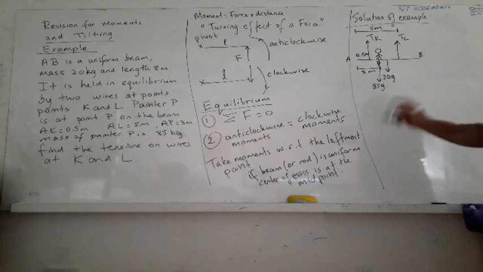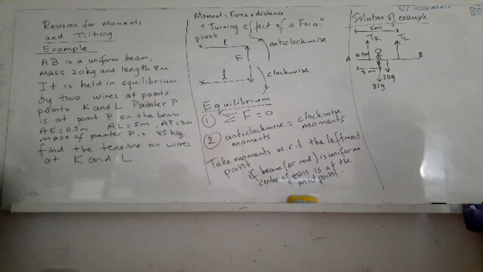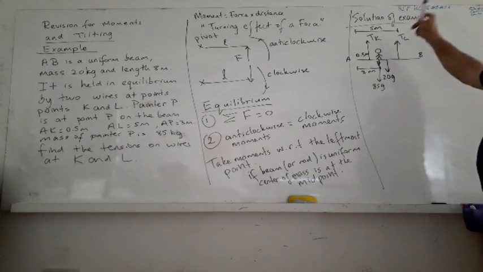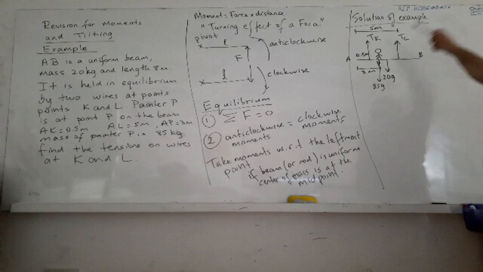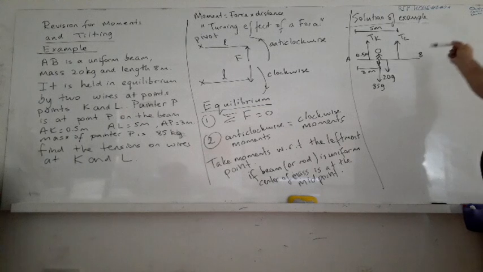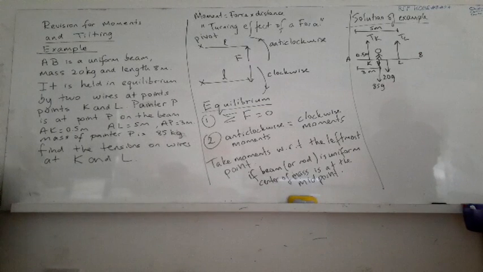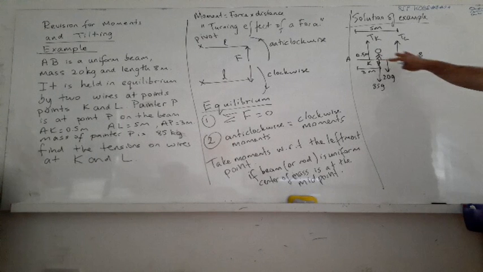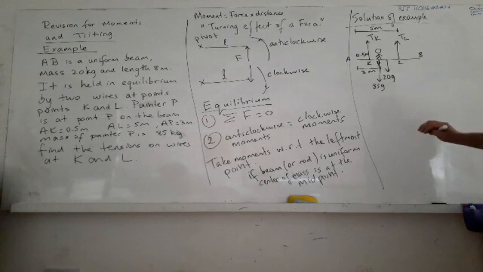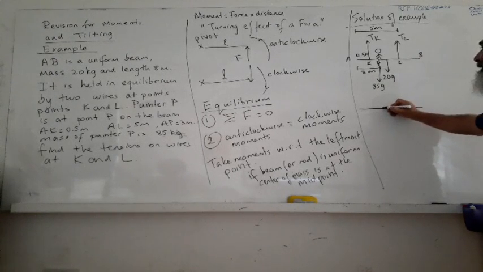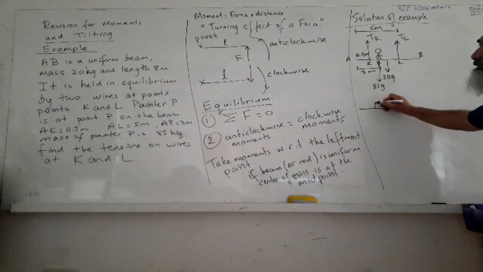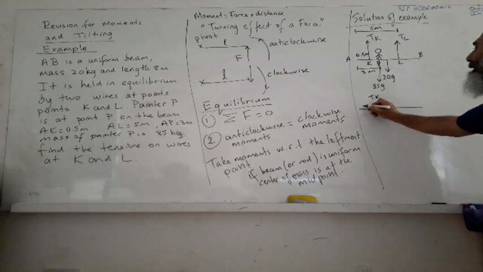And the question says find the tensions here, Tk, tension at point K on the wire K, and tension of the wire which is at point L. This is a quick sketch for the question. Now let's have the forces and the distances. This is tension K, 0.5 meters.